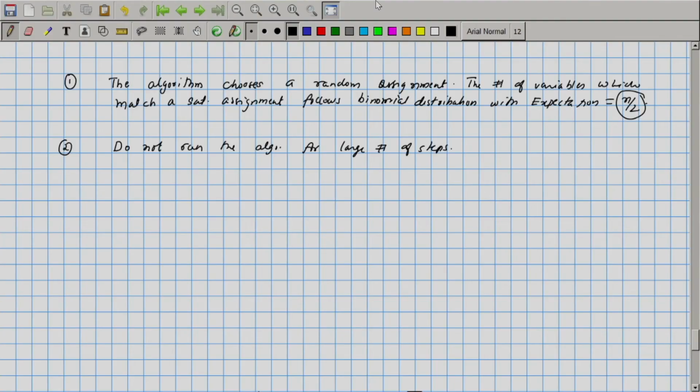So, instead what we will do is, we will run it for some number of steps, and if it has not hit n, that means if it has not found n matches yet, or if it has not found a satisfying assignment, what we will do is, we will just reset and start with a fresh assignment, okay. And that process we will repeat many times. So, that will be our modified algorithm.